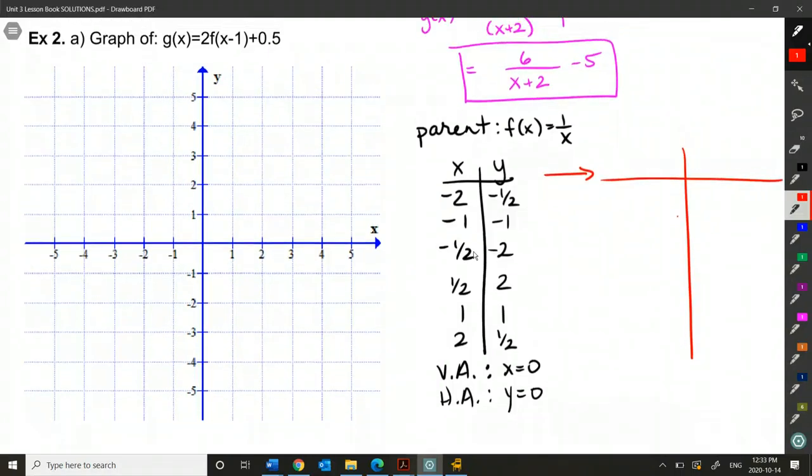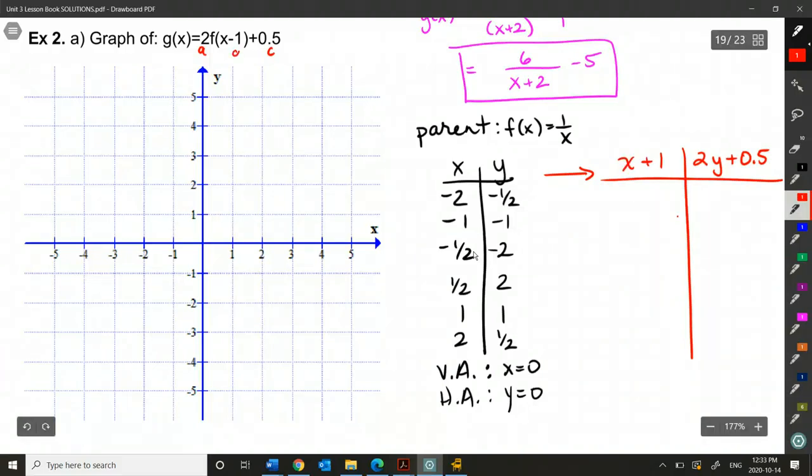Okay, given that we have A, D, and C, can someone create our equations at the tops here for us? Sophia? So A and C would be 2y plus 0.5. Awesome. And then it would just be like for D just plus x plus 1. Great. So switch the sign of the D value.